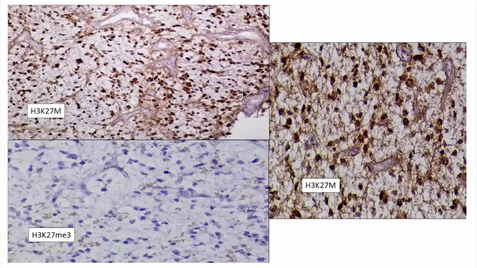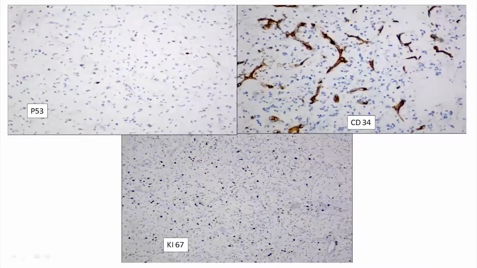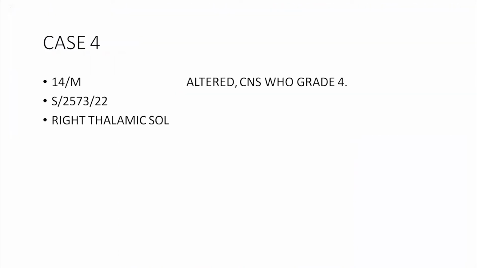P53 is showing mutant expression. CD34, although not much use in this case, and Ki67 is high. So again, this is a case of diffuse midline glioma, H3K27 altered, CNS WHO grade 4.